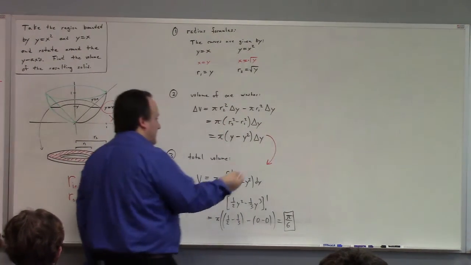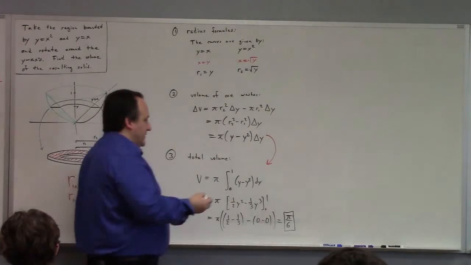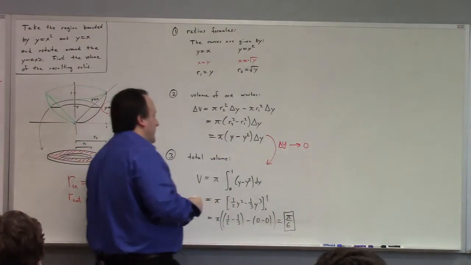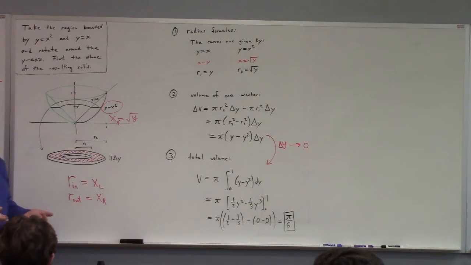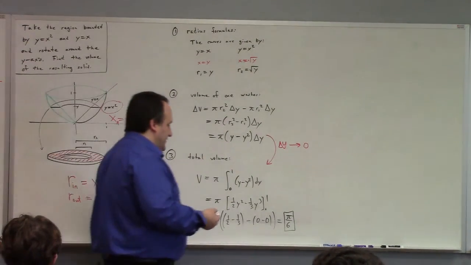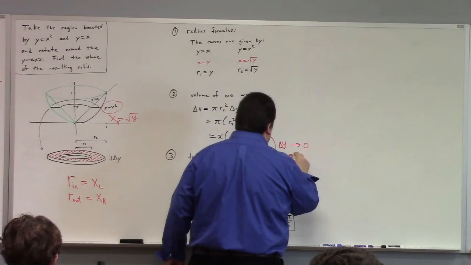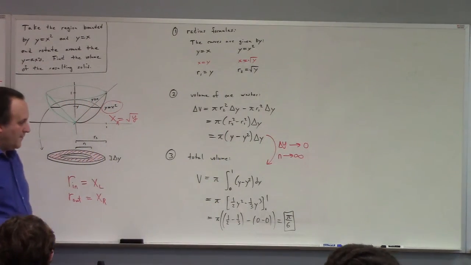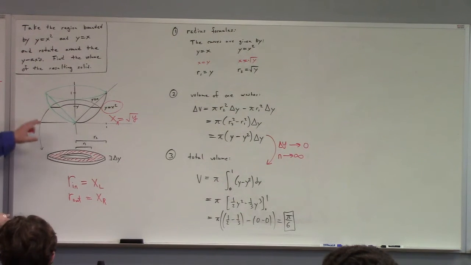In the limit that delta y goes to 0 and the number of washers goes to infinity, you get the Riemann sum as below. We integrate that and get that the volume of this solid of revolution is pi over 6.